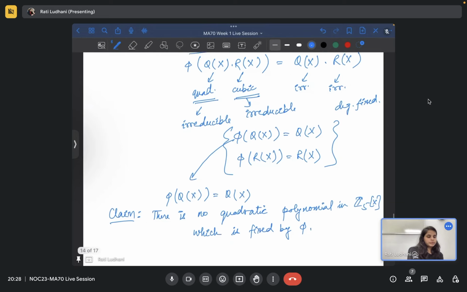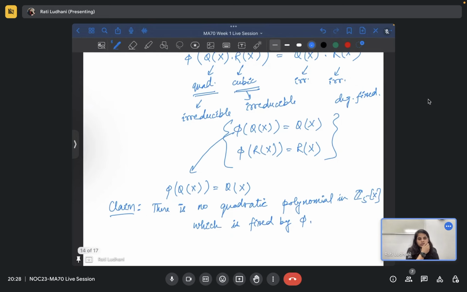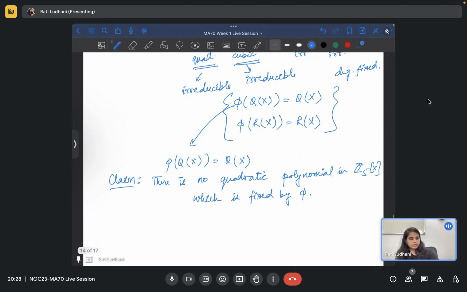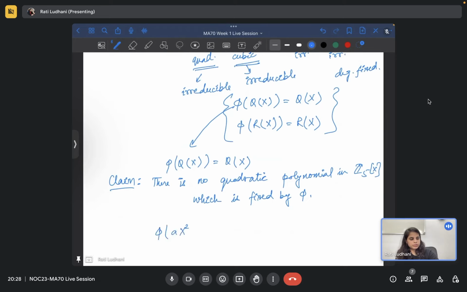So you can actually prove that there is no quadratic in Z5[x] that phi fixes, okay? So what you can do is take something like this. Do you want me to do that, or can you do it by yourself?